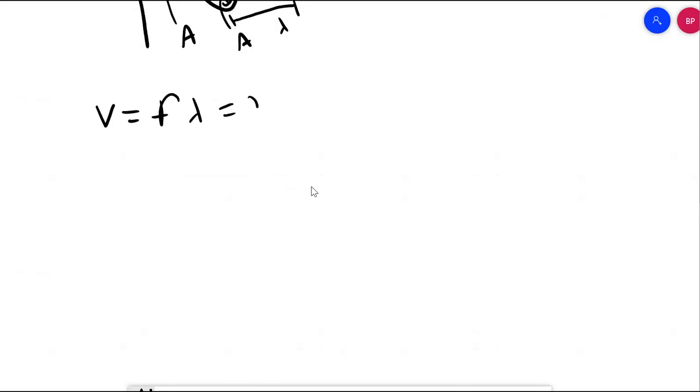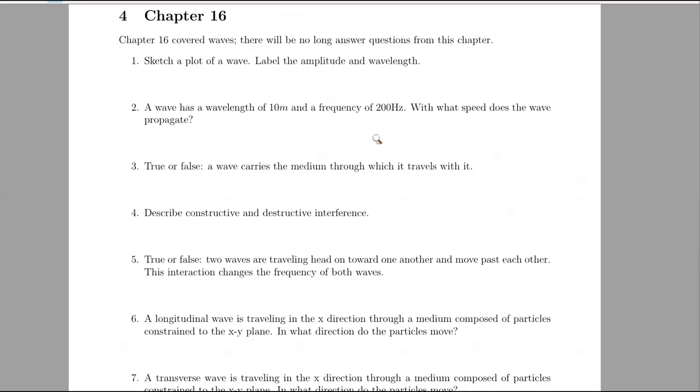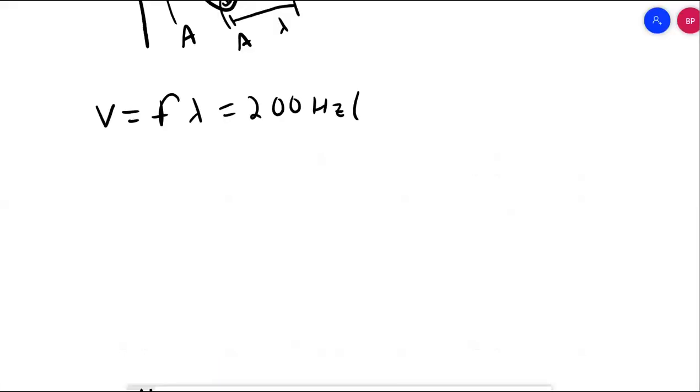So we know both of these. We said our frequency was 200 hertz and our wavelength was, what was it? Was 10 meters. So we just multiply 200 times 10. And so our velocity is 2,000 meters per second.